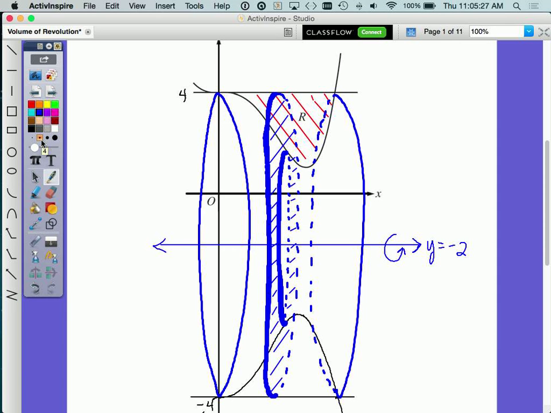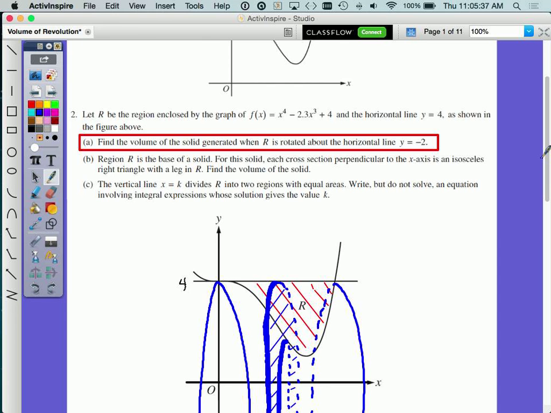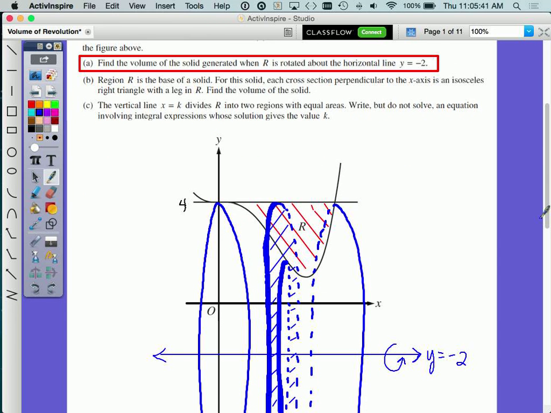The first thing I need to know is where these two curves intersect. So I've already been told the function was labeled originally as f of x up here. So I should label my graph, but I don't need to write the whole thing out. I can just come in here and say this is going to be y equals f of x.